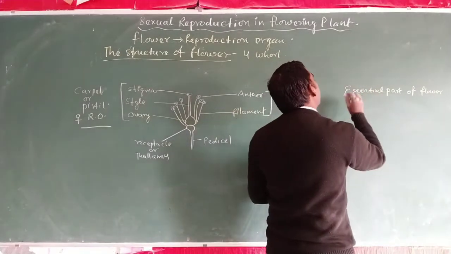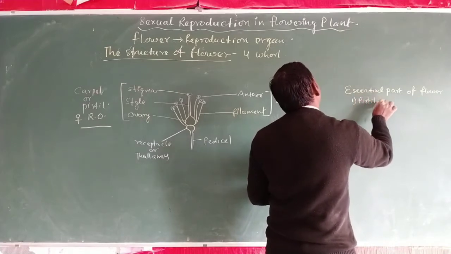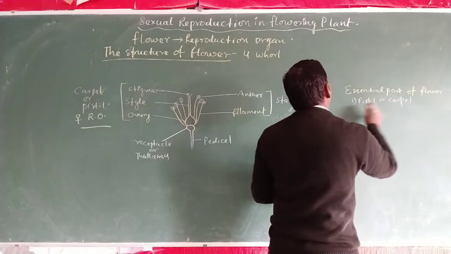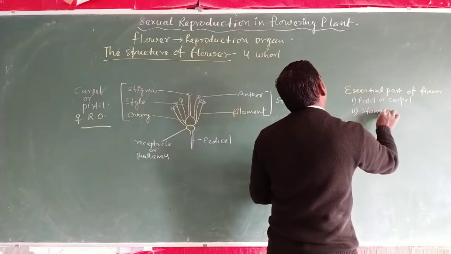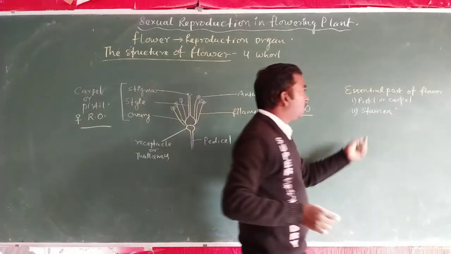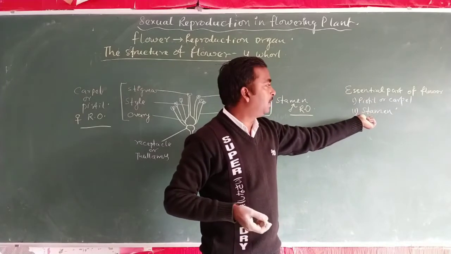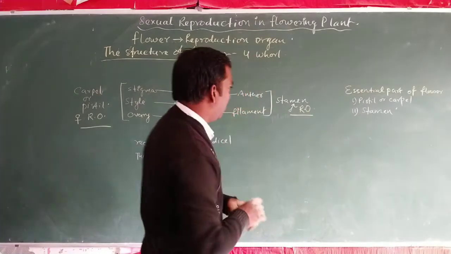The first is pistil or carpel, and the second is stamen. Together they make the essential part of the flower.